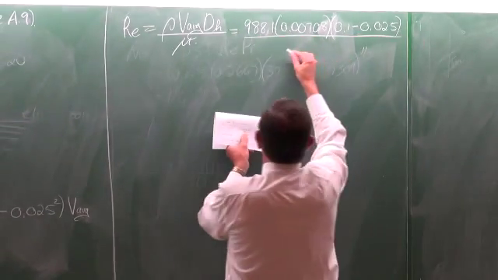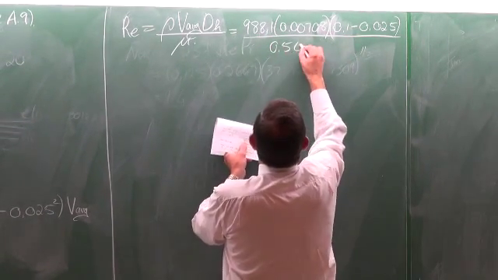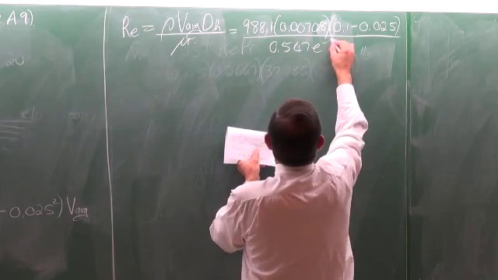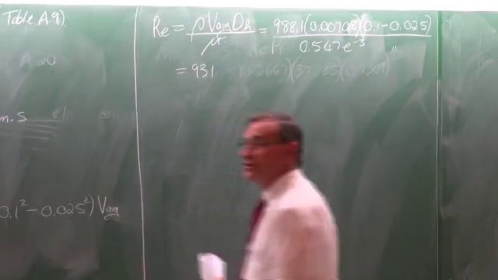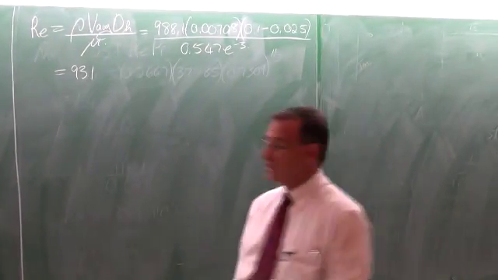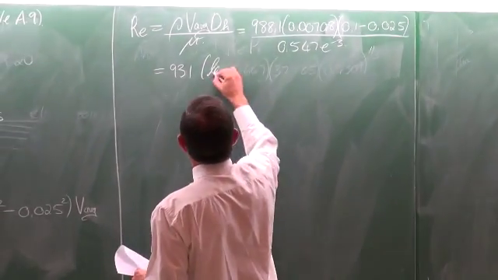Divided by the viscosity, which is equal to 0.547 e to the minus 3, and that gives us a Reynolds number of 931, which means the flow is laminar.